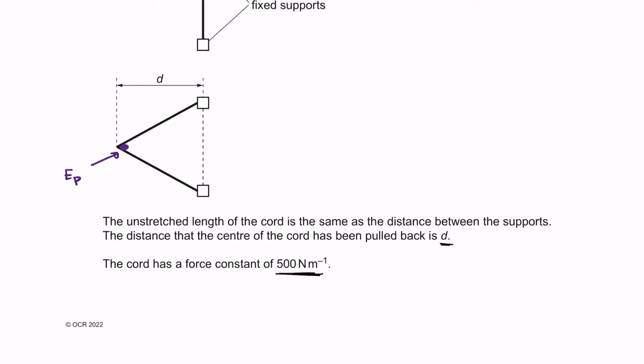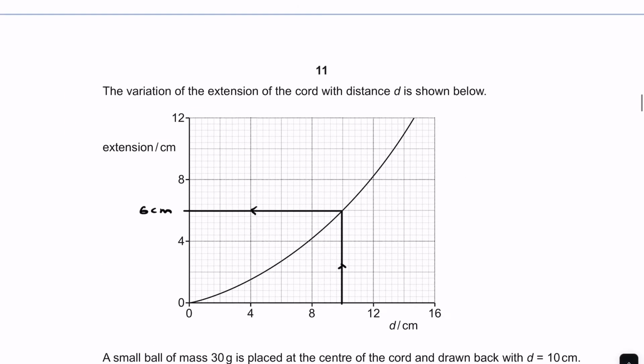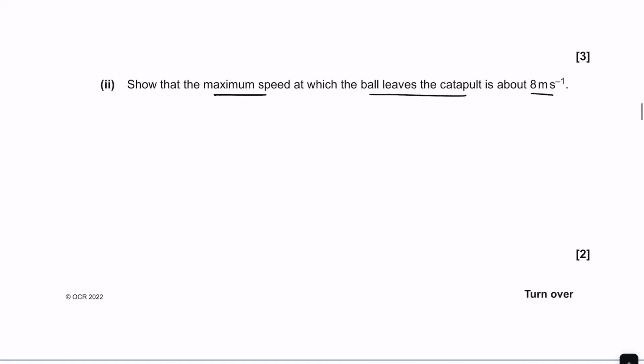As the ball is released horizontally, it will have kinetic energy, which is half mv squared. So E_P is transferred into E_K. We know E_P is 0.9 joules, and that is equal to half mv squared, and we can then calculate the maximum speed with which the ball is released.